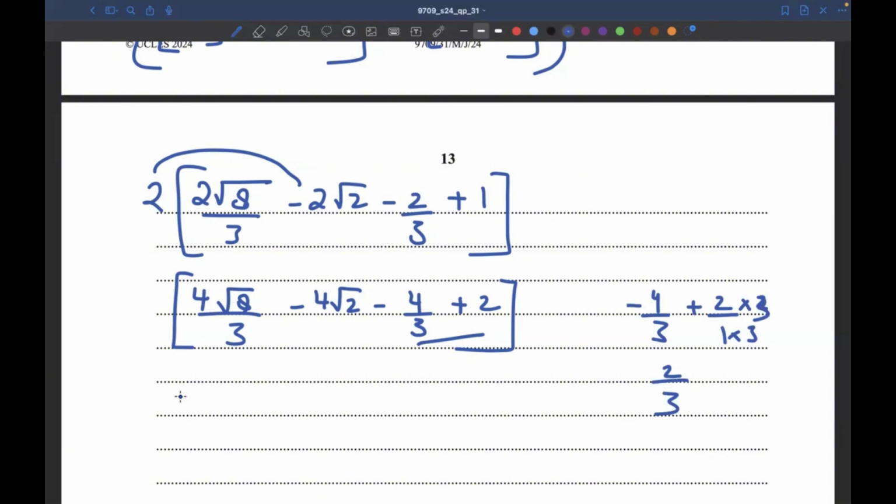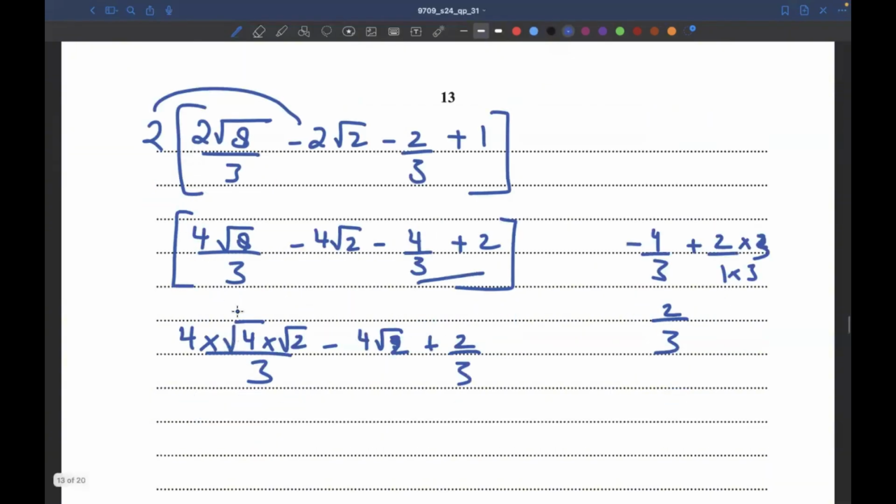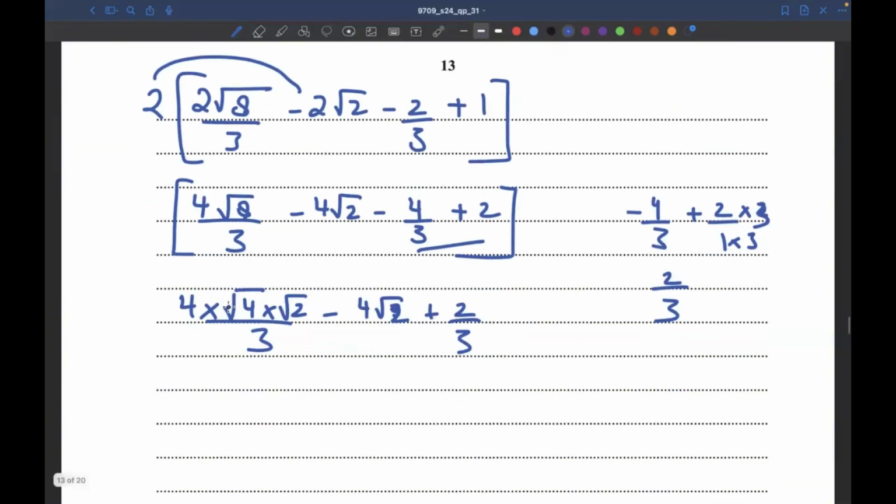And 4 root 8, we can write as 4, and root 8 can be written as root 4 into root 2, upon 3, minus 4 root 2 plus 2 upon 3. So root 4 is equal to 2, and 4 times 2 will become 8 upon 3. So 8 upon 3 root 2 minus 4 root 2 plus 2 upon 3.